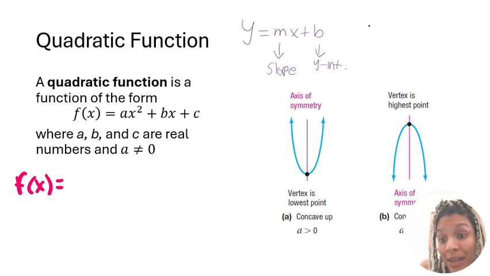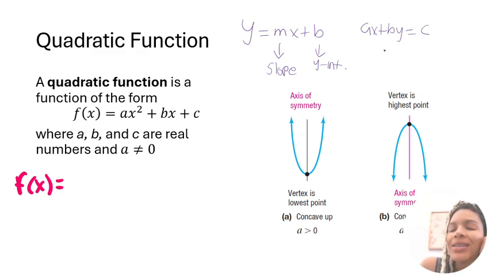Now, the standard form of the linear function is ax plus by equals c. When it's in standard form, it's not easy for us to just determine the slope and the y-intercept without doing any work. The same applies for the quadratic function.